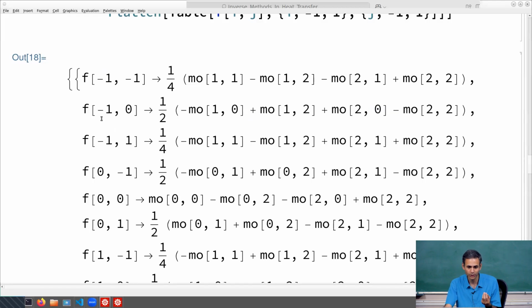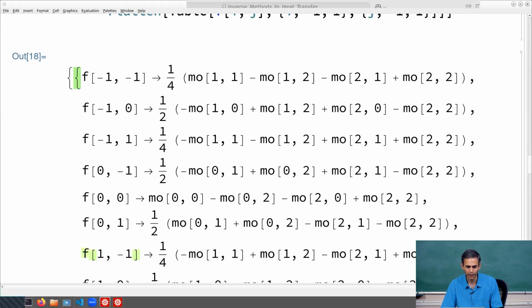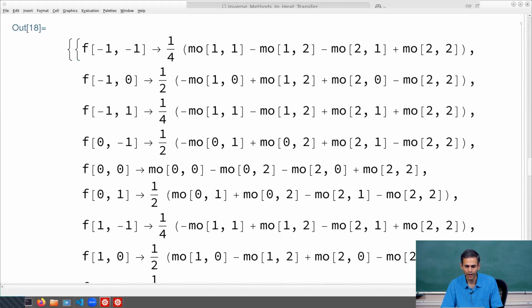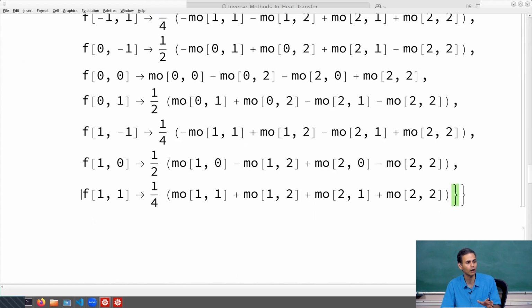Similarly, f minus 1 0 is half of minus moment of 1 0, 1 2, 2 0 and 2 2. Similarly, it has also given me the distribution functions f minus 1 1, f0 minus 1, f0 0, f0 1, f1 minus 1 and f1 1. It has given me all the distribution functions in terms of the moments.